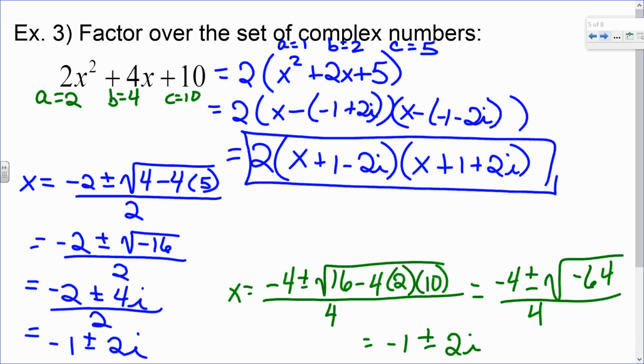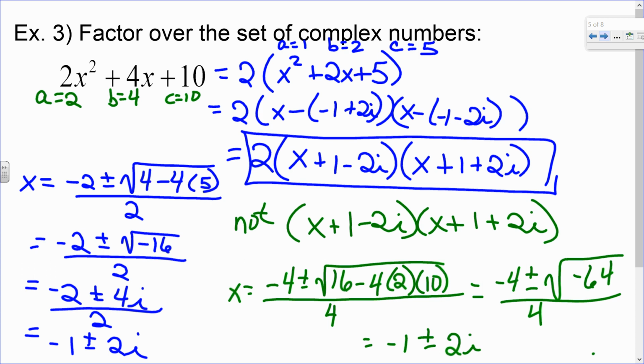And so I got the same solutions, the same roots, but if I just did this and I tried to write down my factors, I'd say, oh, x minus this first one, so plus 1 minus 2i, and x plus 1 plus 2i.